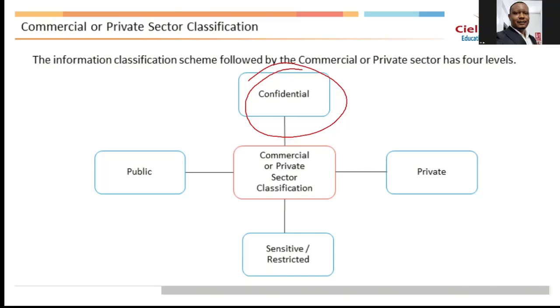Then we also have what we refer to as private. Private is sometimes also known as personal information. This is information related to your employees, your customers, your clients, your stakeholders, or people that you deal with. All of these fall under private or personal information. Again, this information should be protected.